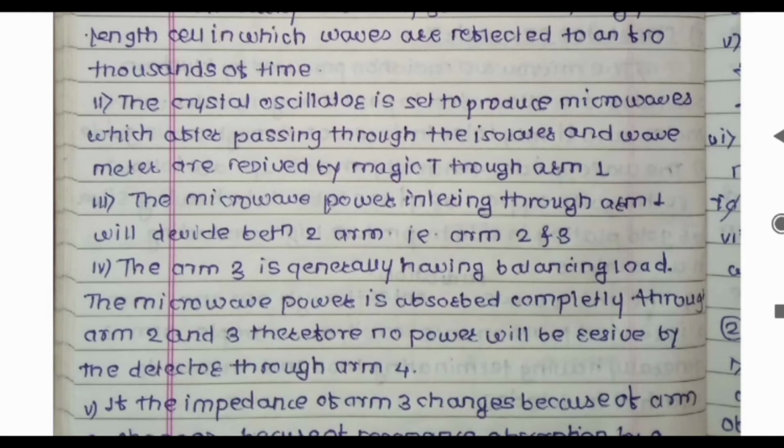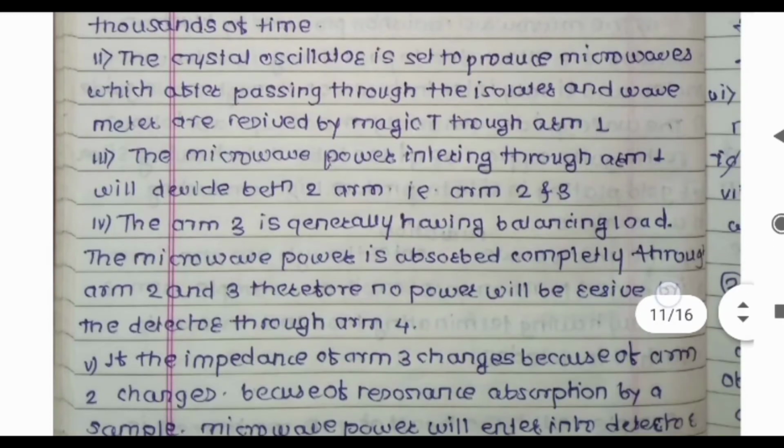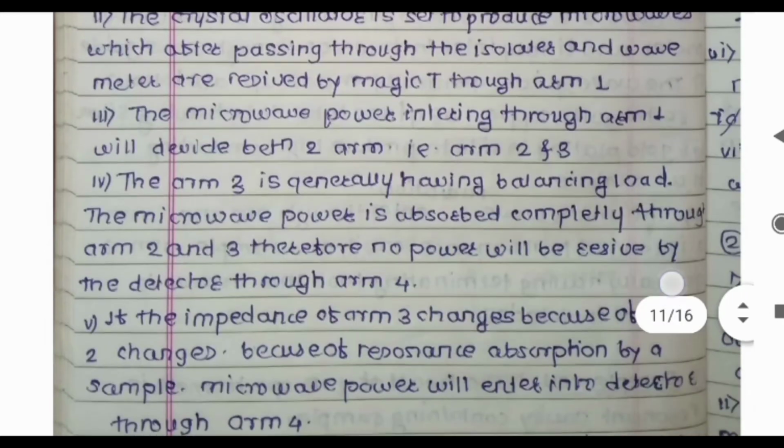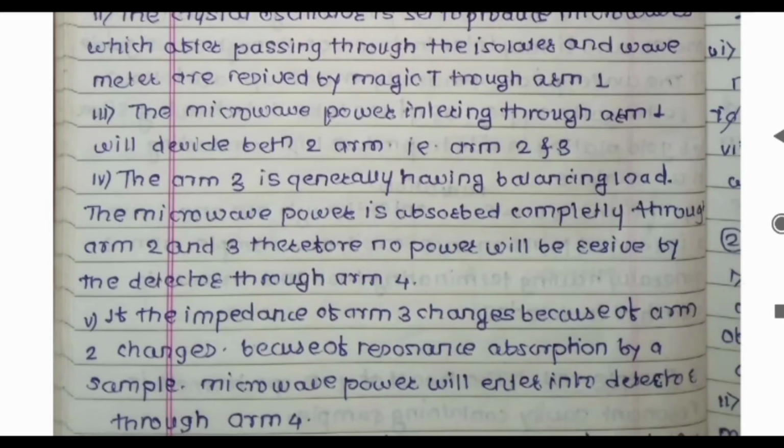The crystal oscillator, which is set up to produce the microwave radiation, passes through the isolator and the wave meter, and the signal reaches the magic T through the arm.